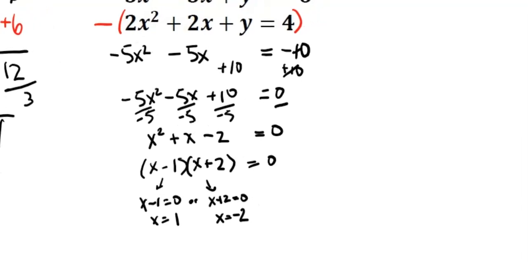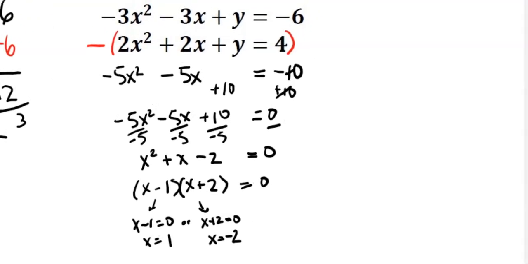So now we have our two values for x. We're going to substitute back in to find the corresponding value of y. Let's first do x equals 1. Since I could choose either the top or the bottom, I'm going to choose the bottom just because it looks like it might be a little easier. So 2 times x squared, which would be 1 squared, plus 2 times 1 plus y equals 4.